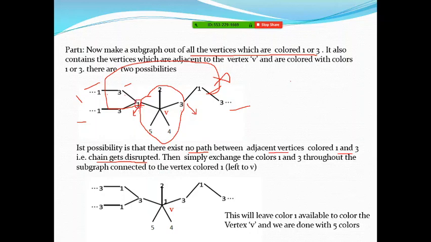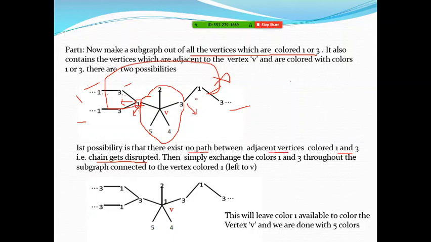So this vertex is assigned 1, this vertex is assigned 3, this vertex is 1, but it is not at the final stage being connected with 3. That means the chain is getting disrupted somewhere here. So in that case, you can simply interchange the colors on this side. I am saying the interchange of colors only on one side.